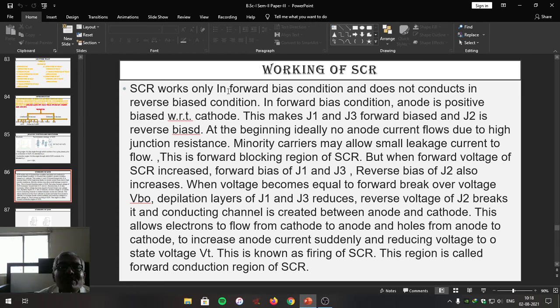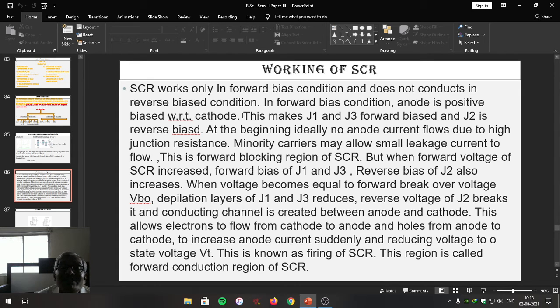Friends, SCR works only in forward bias condition, as it is a unidirectional device, and does not conduct in reverse bias condition. In forward bias condition, external batteries are applied so that the anode is positively biased with respect to the cathode.